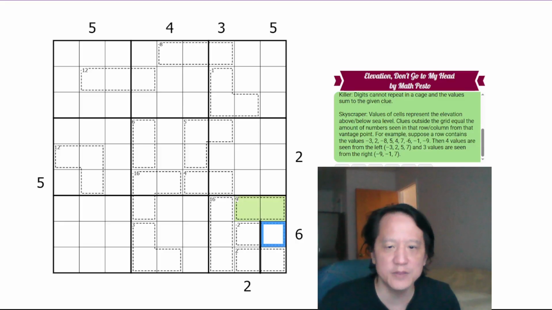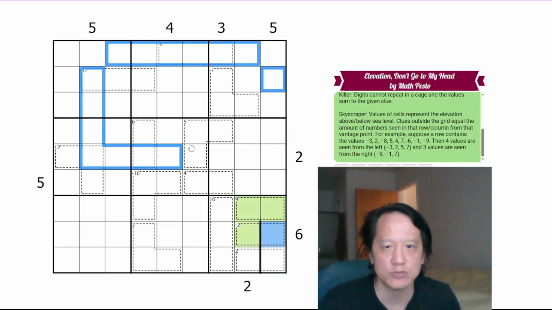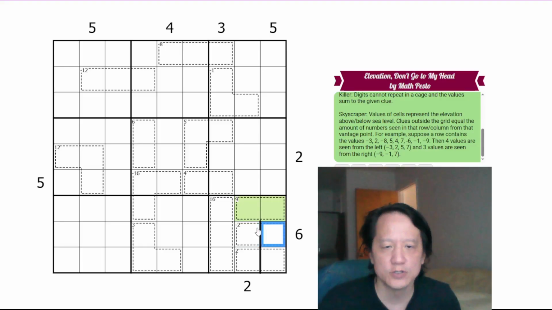So can this ever be water? If this is water, this is land. And no matter how this works, if we have water here, that would force this to be land here. And then the water would not orthogonally connect to the rest of the waters. So this cannot be water, which means this is water here, this is land here.